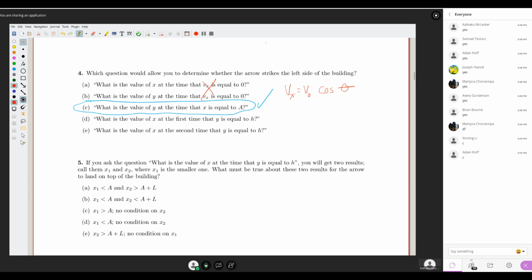And if we say that when the arrow strikes the building it will stop, well, at that point we're no longer in the constant acceleration regime. So that doesn't work.